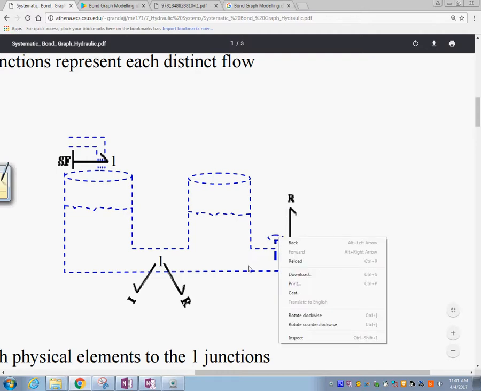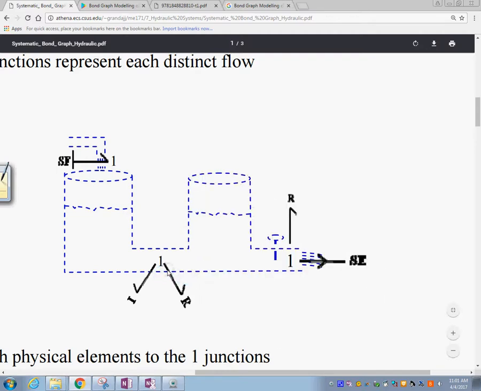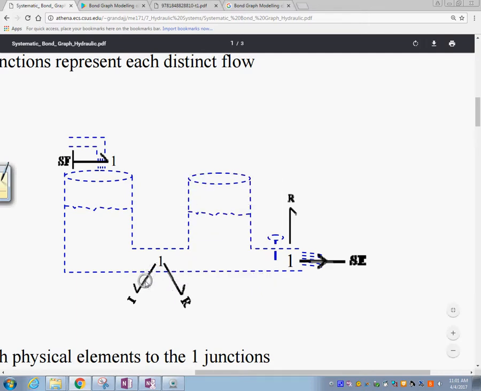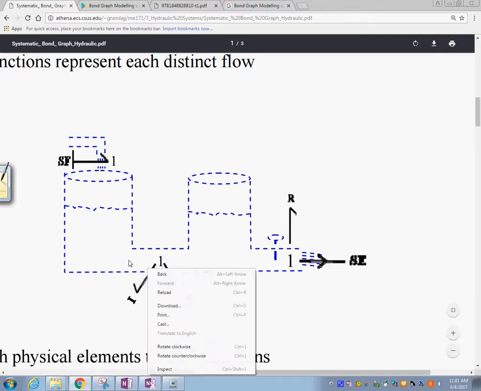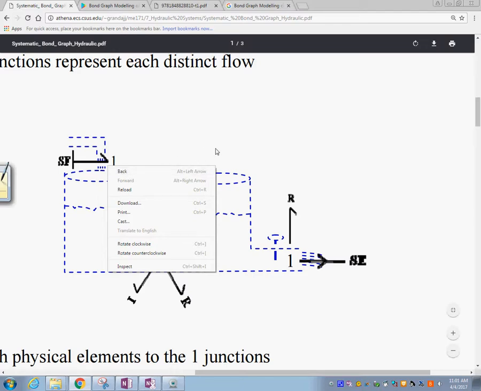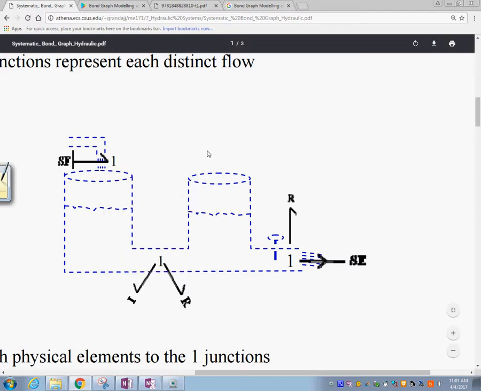And then we have the R element in here, and then you have the inertia element, both. And then in here we have the source of flow, of course. Those are the elements that experience these flows.